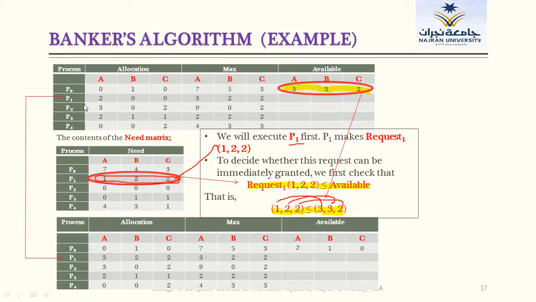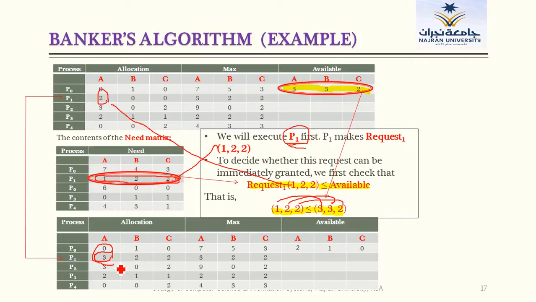Now all the other processes, P0, P2, P3, P4, there will be no change, because we are not changing anything in those processes. The change will be only in P1, because we are executing only P1 here. Okay. P1's allocation currently was 2 instances of A. But whenever he requests one more instance of A, and we grant this resource, then this 1 will be added to the 2 and it will become the new state of the allocation matrix.